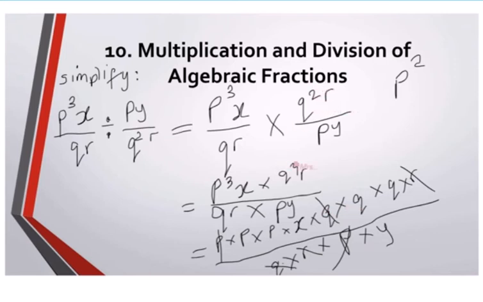Alright, are we seeing that? Oh, I made an error. Instead of q to the power of 3 here, this is supposed to be q to the power of 2. So there's an error here. Work with me. I'm going to change it. Alright, so instead of q to the power of 3 here, it's supposed to be q to the power of 2.